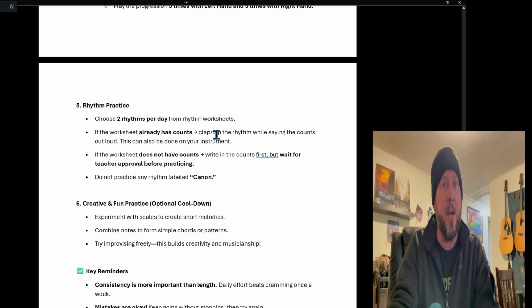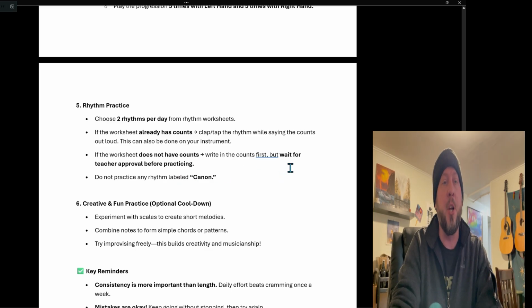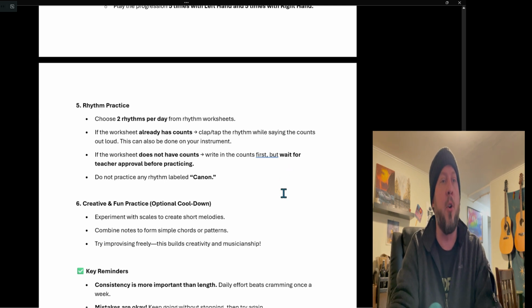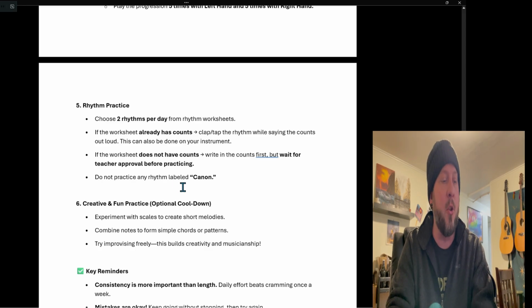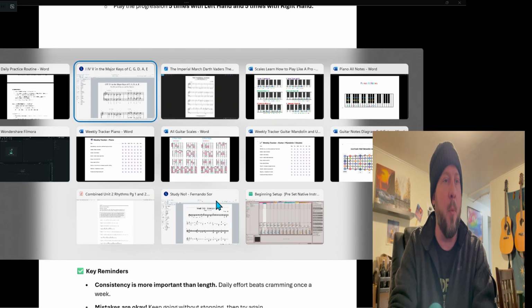You can clap it, tap it, and you can also do it on your instrument if you want to. If the worksheet does not have any counts, you're going to write in the counts first, but you're going to wait for me to review it just to make sure you are counting it correctly. On those worksheets, you're just not going to practice any rhythms labeled canons. Let's take a closer look at those rhythm worksheets.